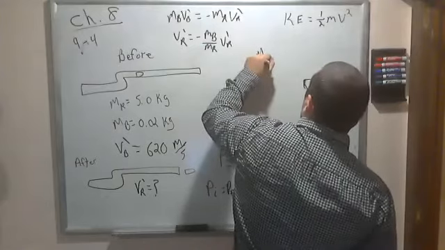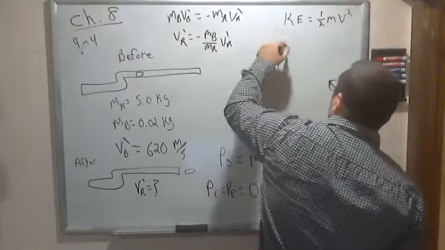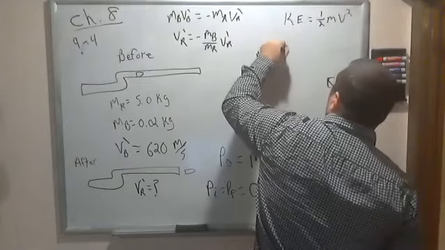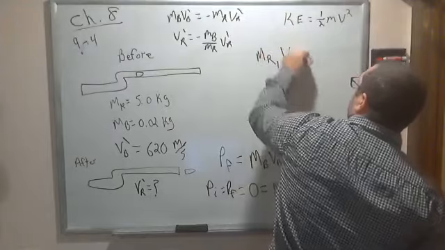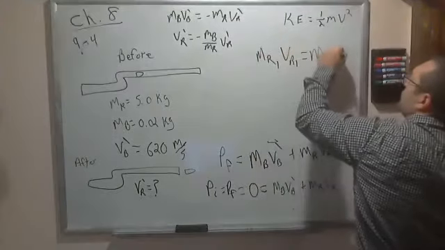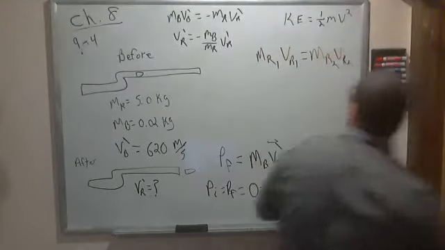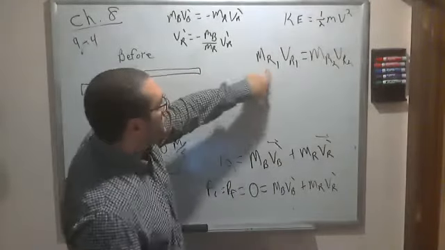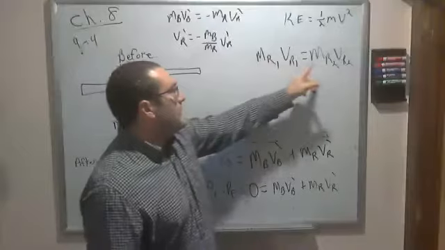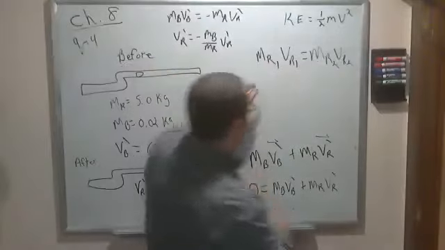We'll have R1 M1 V1 is equal to R2 M2 V2. We're comparing two situations with two different rifles, where the mass of one rifle is larger than the mass of the other rifle.